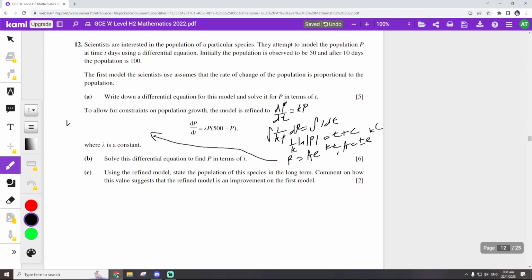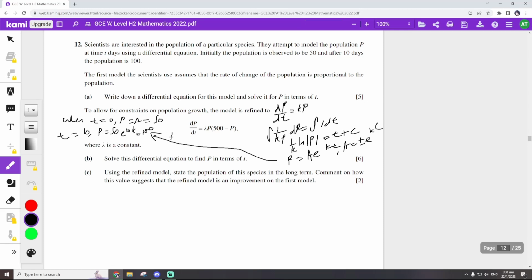when t equals 0, P equals A, which is 50. t equals 10, P equals 50e^(10k), which is 100.